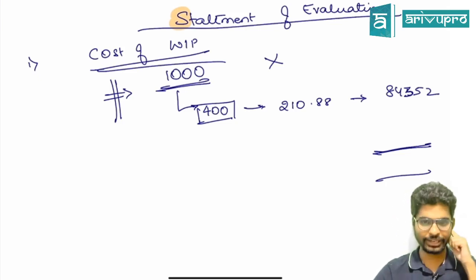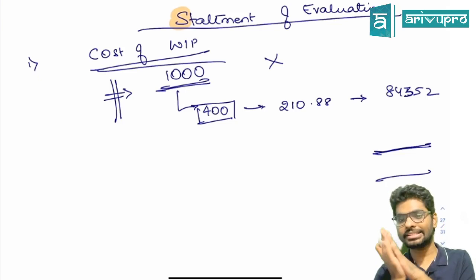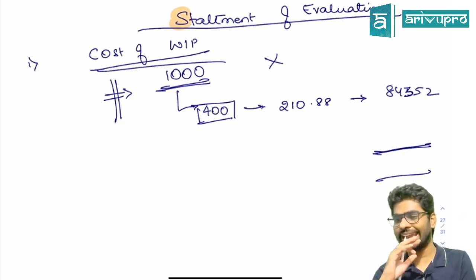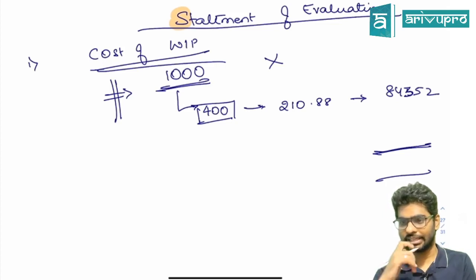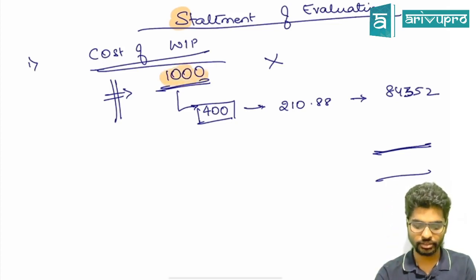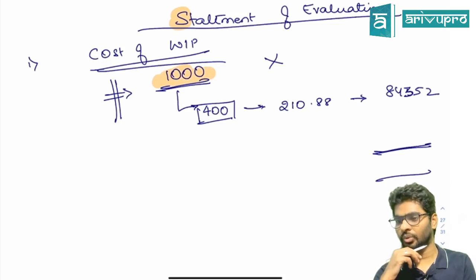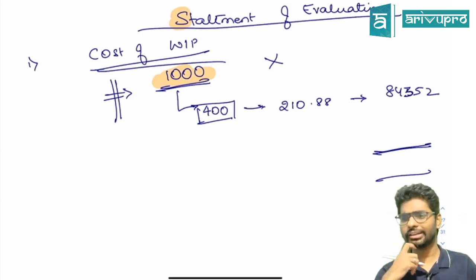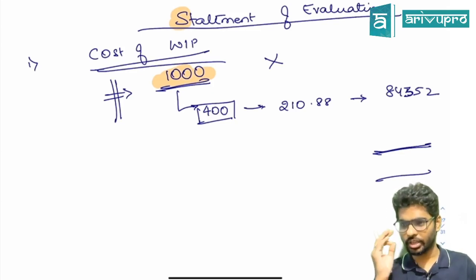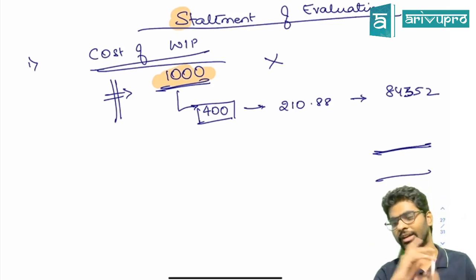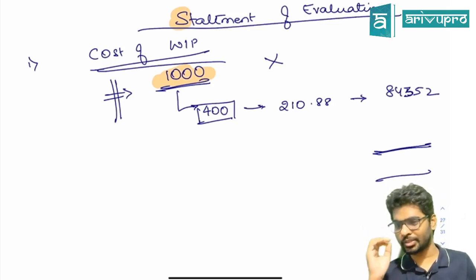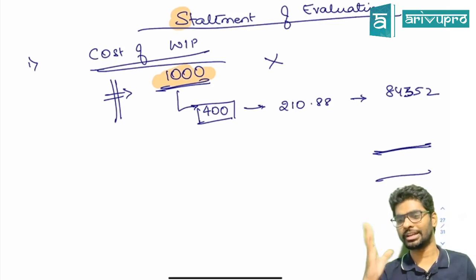Okay, but my question is, is the value of the opening WIP, that is the value of 1000 units, 84352? So I want you to tell me, if I ask you the value of the opening WIP of 1000 units, what is it going to be? Is it 84352?